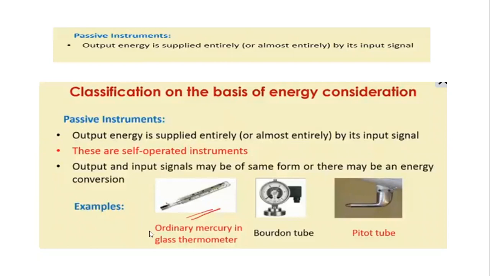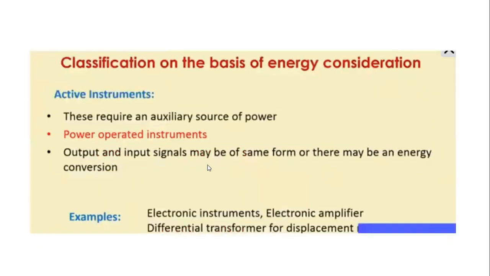Okay, so passive instrument examples are thermometer, Bourdon tube, pitot tube. Next is the active instrument. An active instrument requires an auxiliary source of power. A power operated instrument ആണ്. Passive one is self operated. An active instrument is an auxiliary instrument which needs an auxiliary source of power to operate.